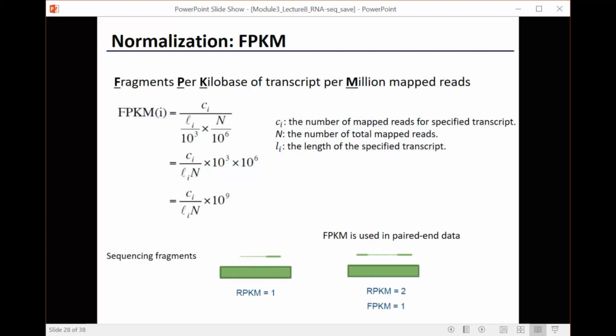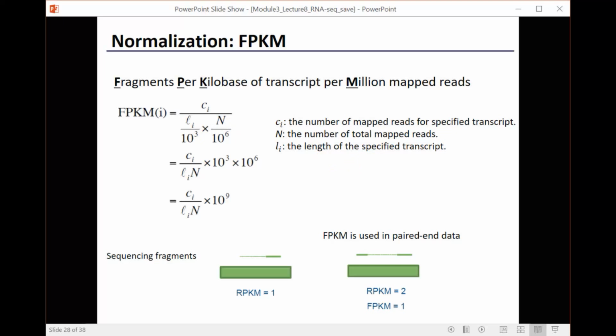When you just want to compare different genes within one sample, you can use FPKM as a normalization method. This is fragments per kilobase of transcript per million mapped reads, and is calculated using this formula. C is the total number of mapped reads for a specific transcript, capital N is the total number of mapped reads, and L is the length of that specific transcript.